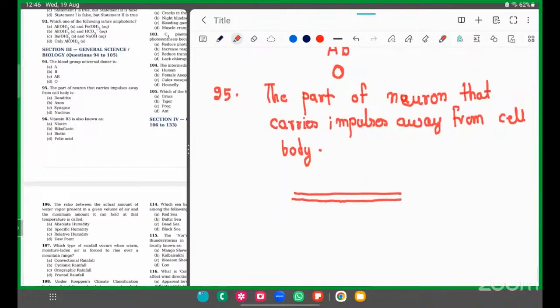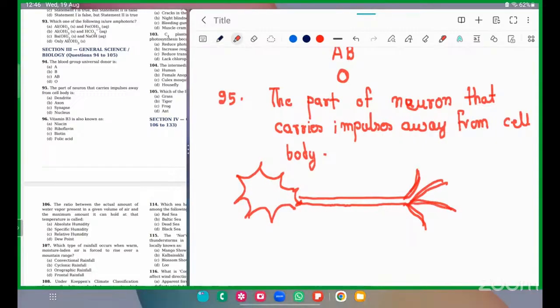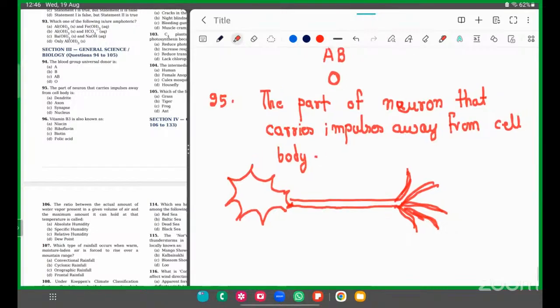So I think the shape of the neuron cell is like this. And in the starting and in the end, there is a hair like structure called dendrite. They are very soft hairy like structures, and the cell is elongated so the message can be transferred very fast. So here dendrites are there like this.